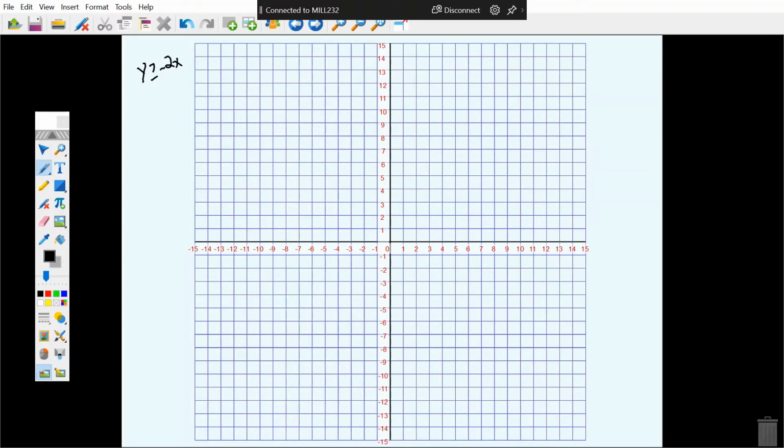So 0 is my y-intercept. My slope is negative 2 over 1. So the rise of negative 2, run of 1. And here is my line. Okay?